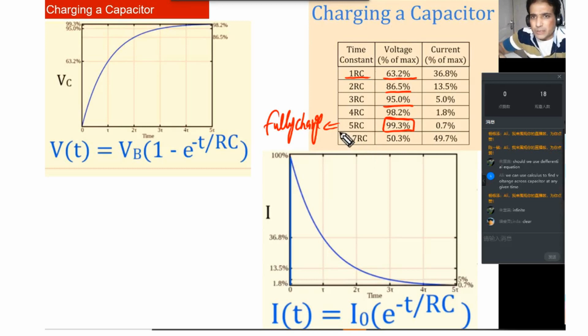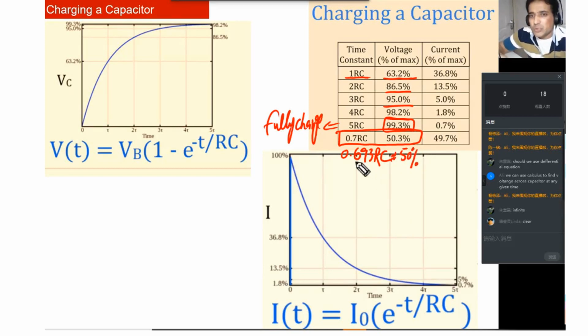You see here, after time 0.7 RC, or if you want to be more accurate, 0.693 RC, this capacitor will charge about 50%.